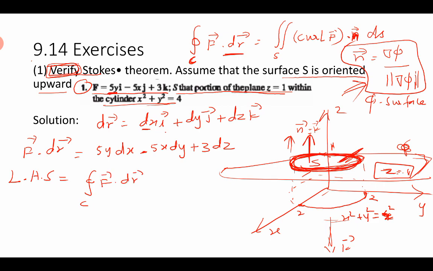Over the circle we apply the parametric form of the circle. Here there is only one integration, no double integration, so one parameter is enough. Write the equation of the circle as x equal to 2 cosine theta, y equal to 2 sine theta.